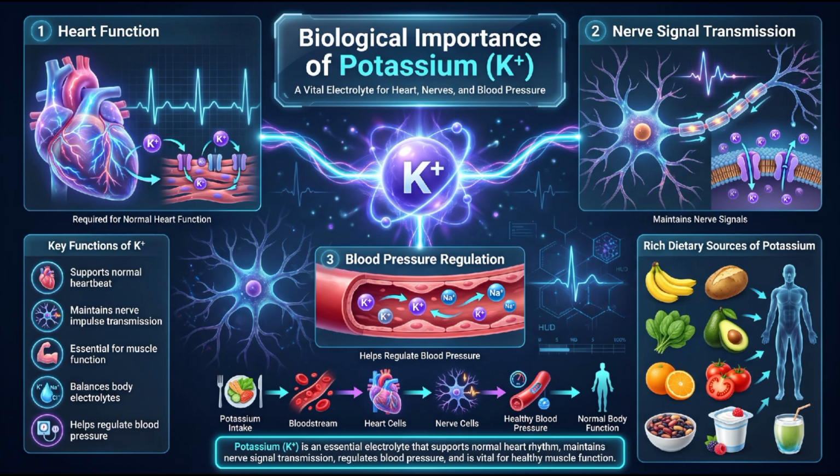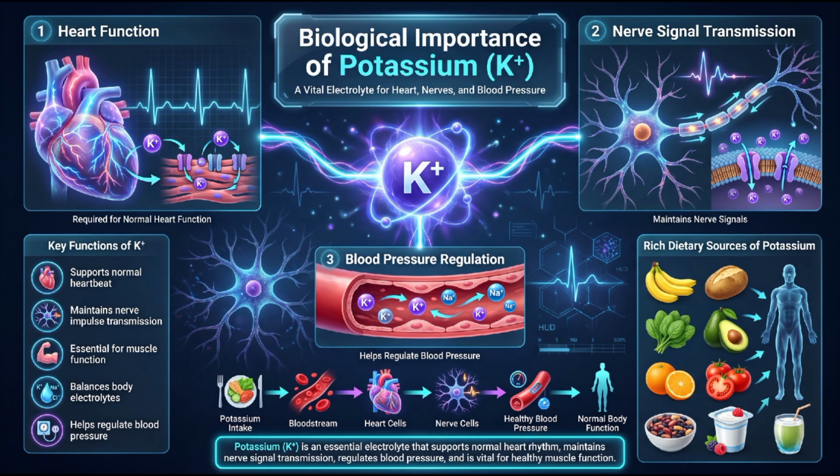Another major function of potassium is supporting normal muscle function. Every voluntary movement, such as walking, running, lifting objects, or writing, as well as involuntary movements like breathing and digestion, depends on properly functioning muscles.